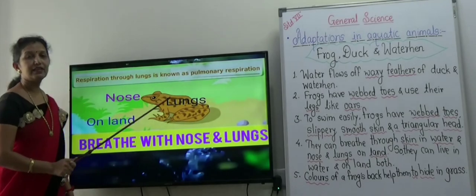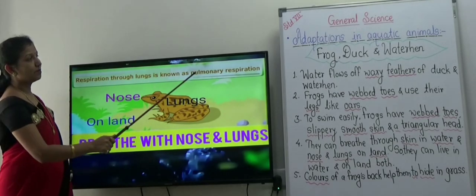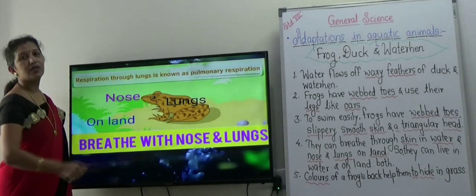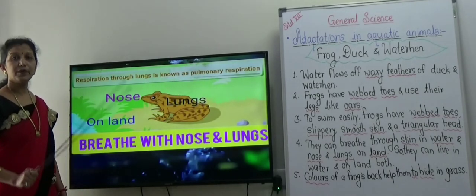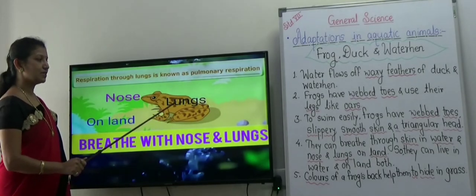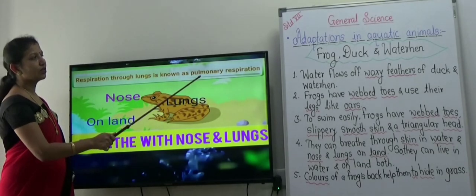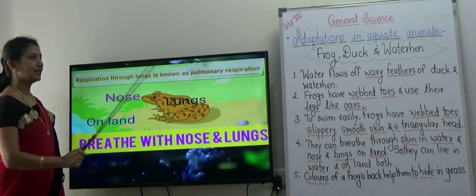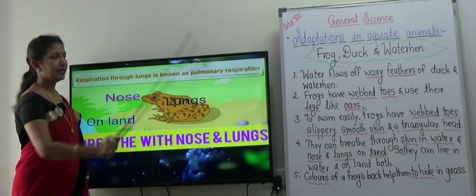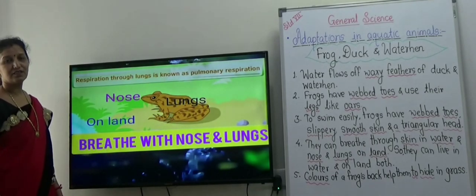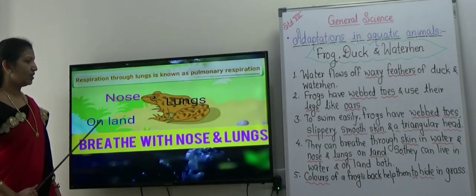We have studied that prefixes play a very important role in science. Pulmo is the prefix used for lungs, and as the respiration takes place with the help of lungs, it is called pulmonary respiration. So respiration through lungs is called pulmonary respiration. It occurs in frogs whenever they are on land.